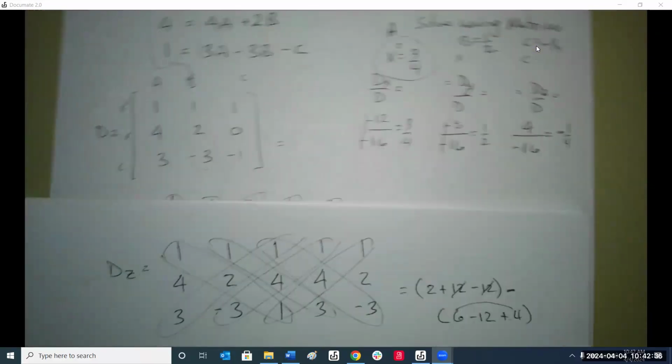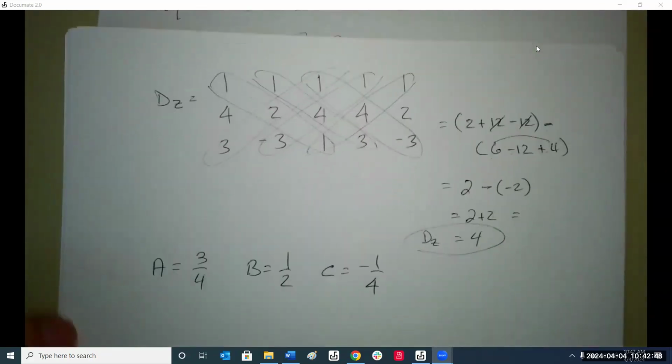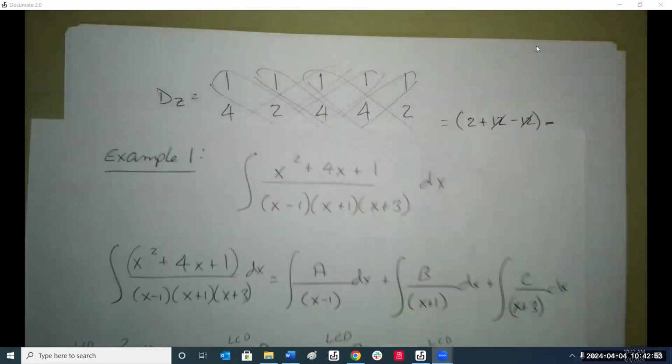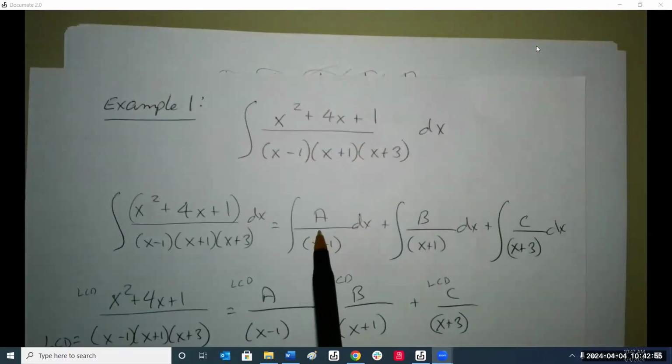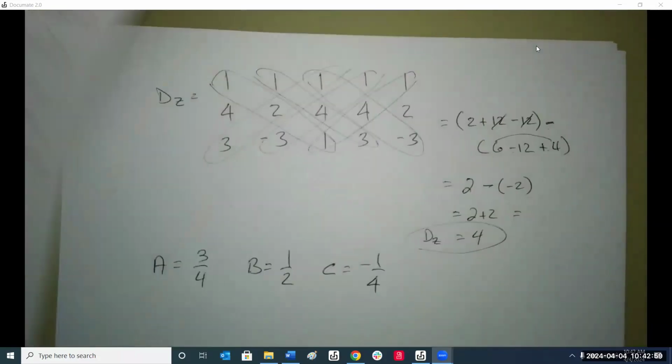All right, so I have A equals 3/4, B equals 1/2, and C equals negative 1/4. I plug those back into here and then take the integrals.